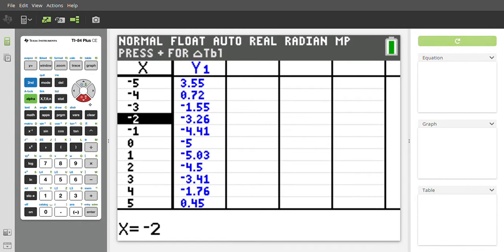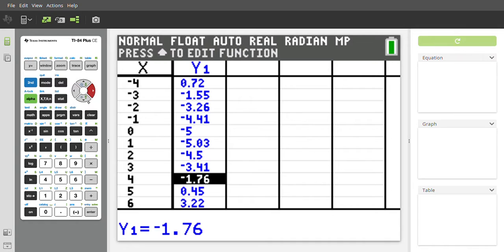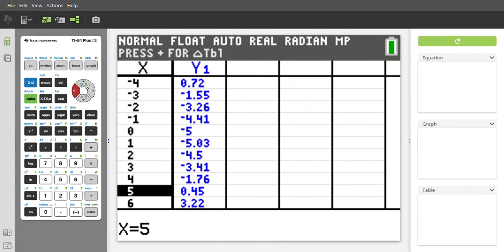The other root, or 0, is down here. Notice my y value right there, -1.76. The very next step, it's now positive. So I crossed over the 0 somewhere between those two values. So I have a root between 4 and 5, and to remind you, it was 4.82.